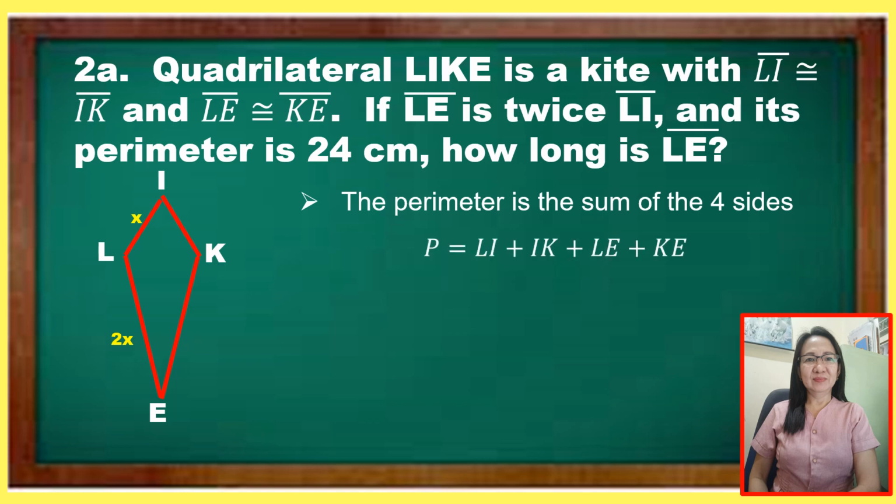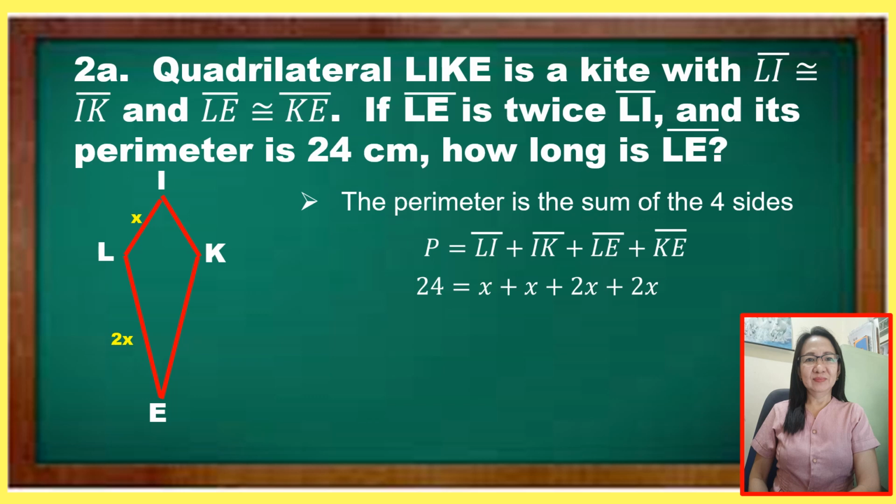So the perimeter of our kite is LI plus IK plus LE plus KE. By substitution, our perimeter is 24, where LI is equal to x, which is equivalent to IK, and our LE is 2x, which is equal also to KE.